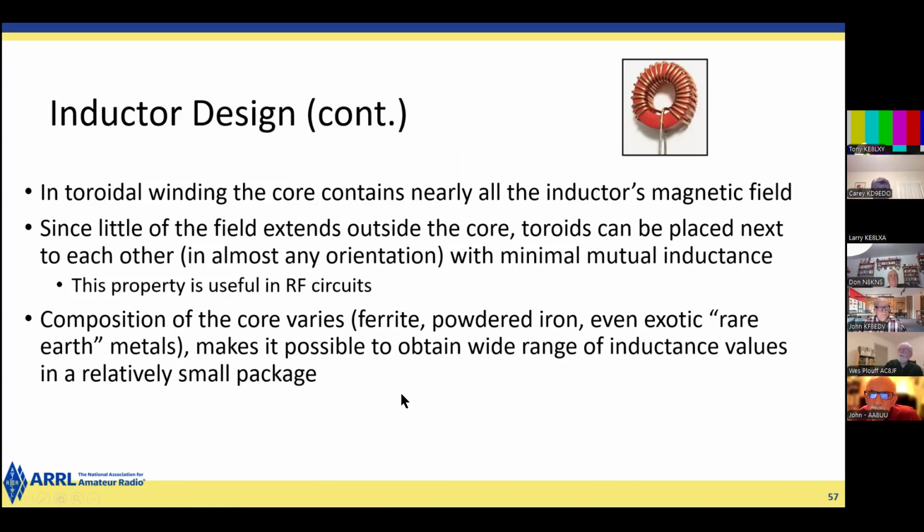And toroids, because they are circles or donuts, are relatively small compared to coils wound on a straight core or air core coils. So the composition of the core varies, and we won't get into that here, but you could make a wide variety of inductors from the same winding on different core materials.